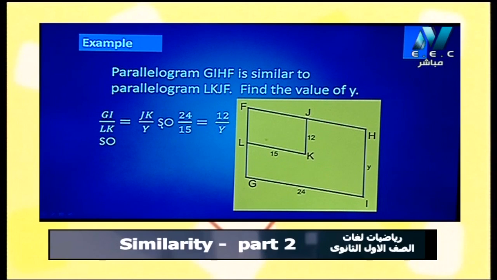So when we substitute GI equal 24 and LK equal 15, and JK equal 12 over y, and make cross multiplication, 12 times 15 over 24, so y will be equal 19.2 centimeters.